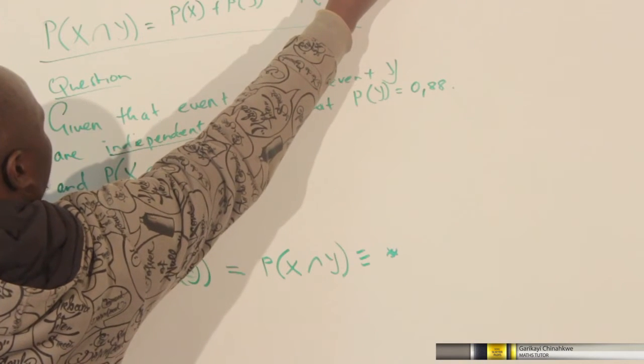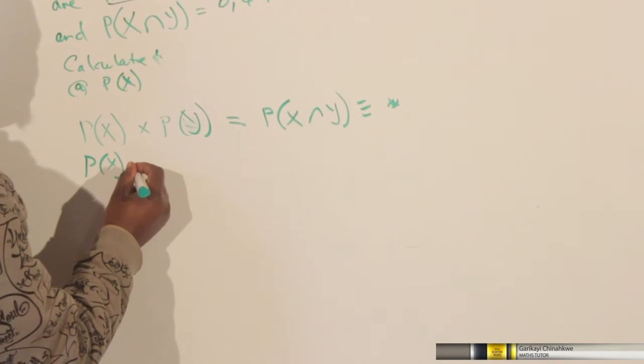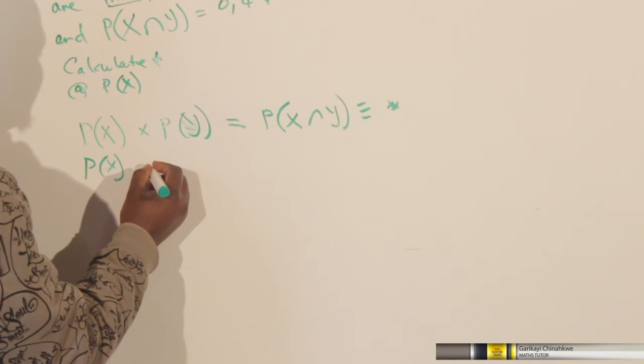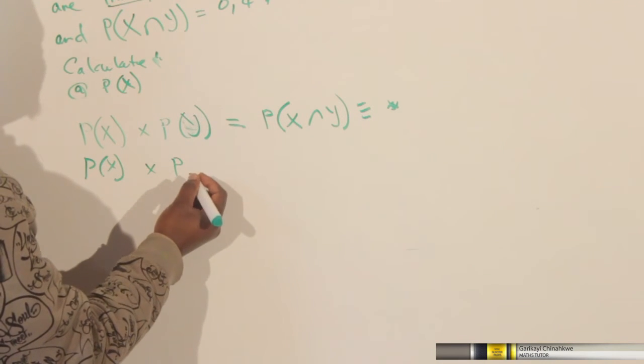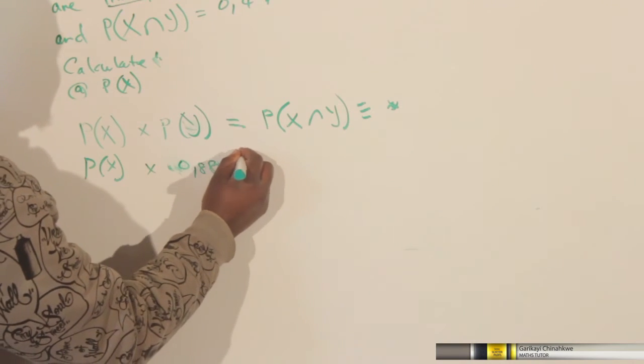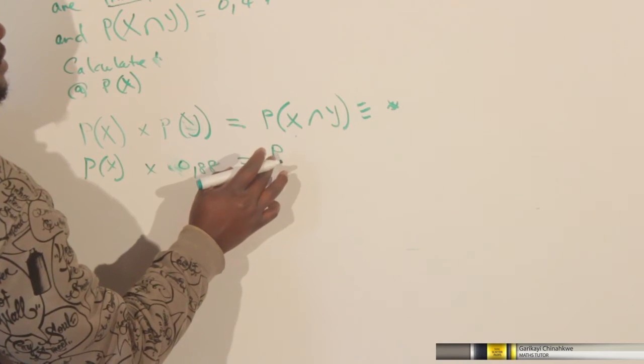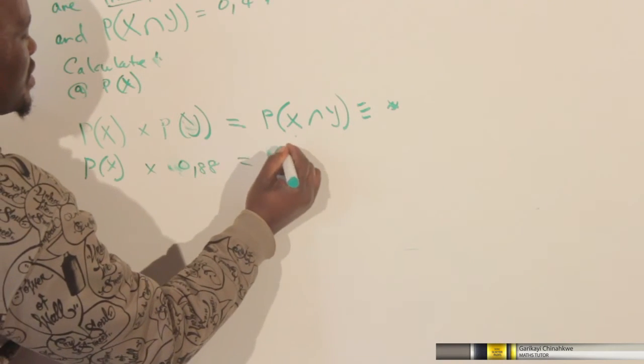This is where I got this from. We are looking for probability of x, so it becomes our formula. Then multiply by probability of y, which is 0.88, which is equal to probability of x intersection y, which is 0.47.